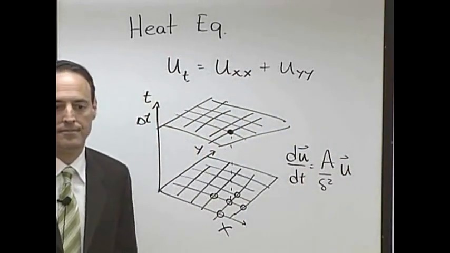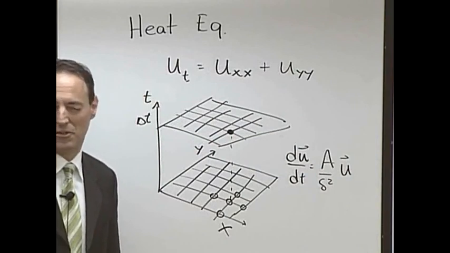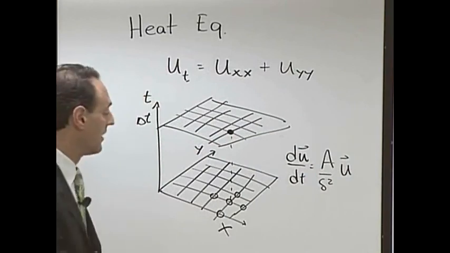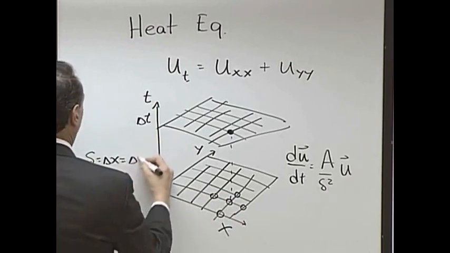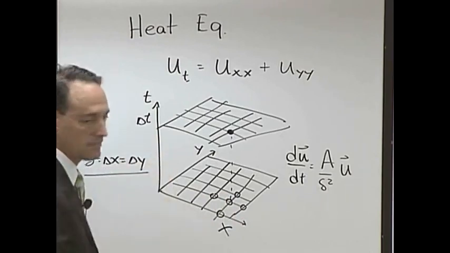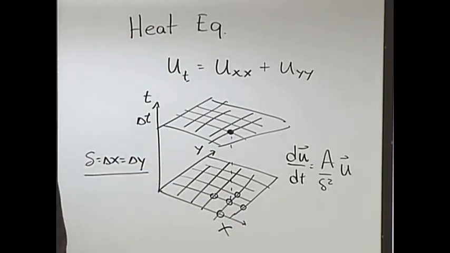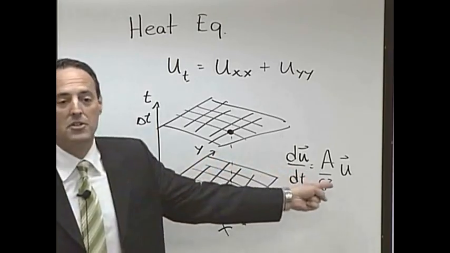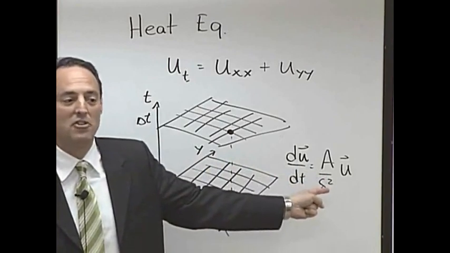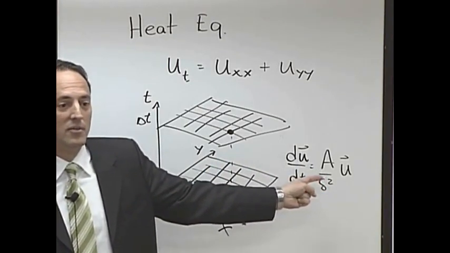Same problem. Different matrix A. And the delta here will be how we cut up delta x and delta y. I'm assuming they'll be the same. Okay? And in fact, didn't we already build that matrix A that takes two derivatives in x and two derivatives in y with periodic boundaries?